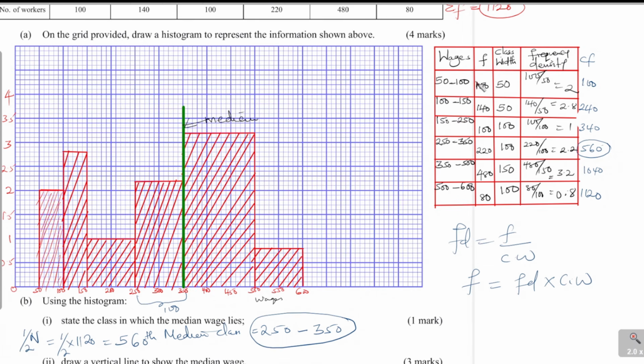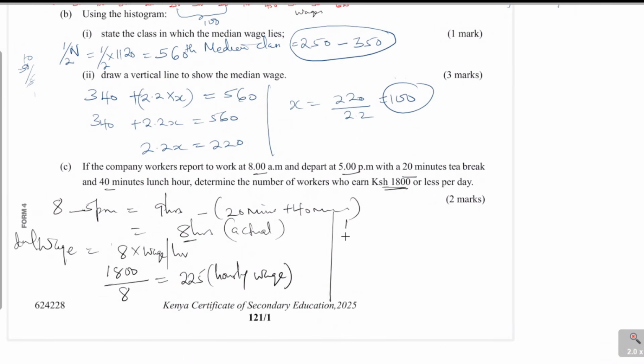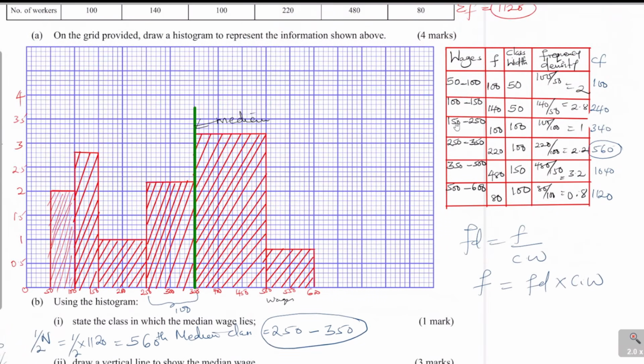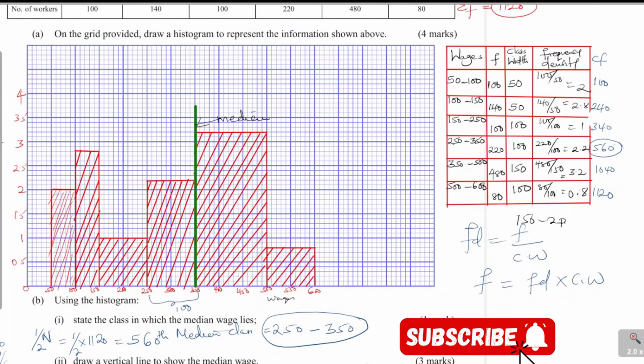So the workers who earn 1,800 or less will be 100 plus 140, and then some other workers from this class. For this class we don't need up to 250. We need 150 to 225. We don't need the whole of these.